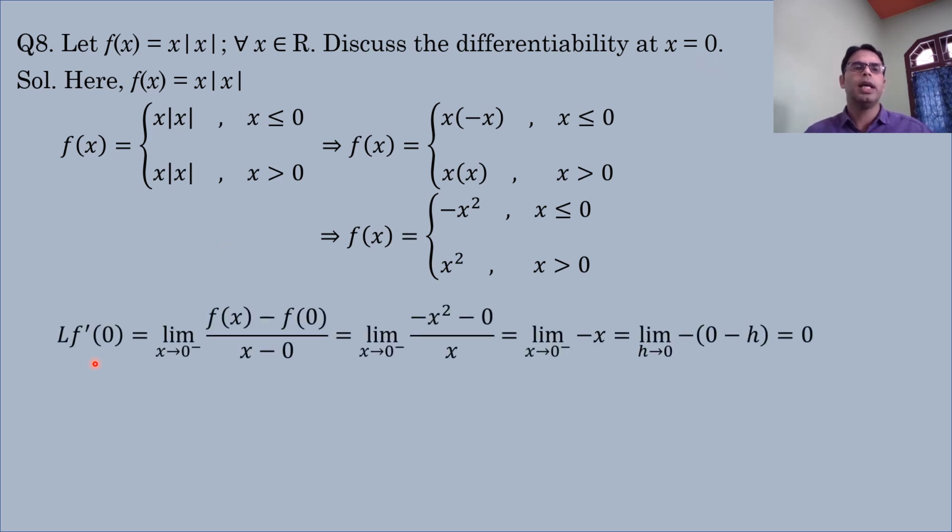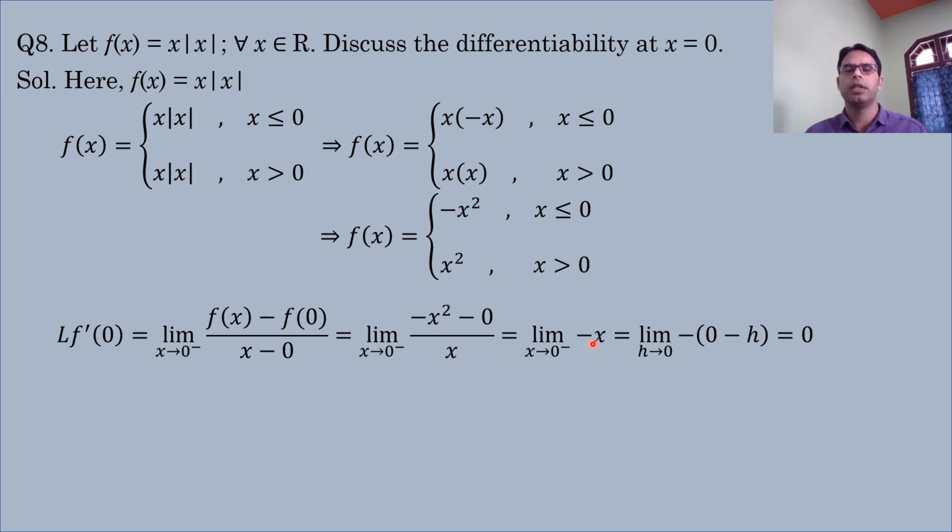You see Lf'(0), because differentiability should be checked at the point x is equal to 0. So Lf'(0) is equal to limit x tends to 0 minus, this is definition of differentiability, f(x) minus f(0) divided by x minus 0. x tends to 0 minus mean less than 0 is this line, minus x square, f(0) equal 0 is this line again, so minus 0 square is equal to 0, and divided by x minus 0 is x only.